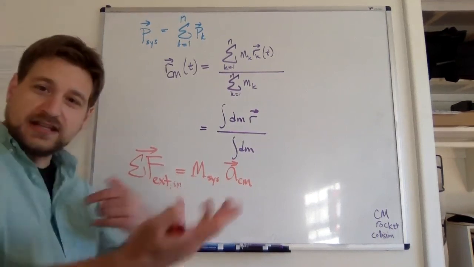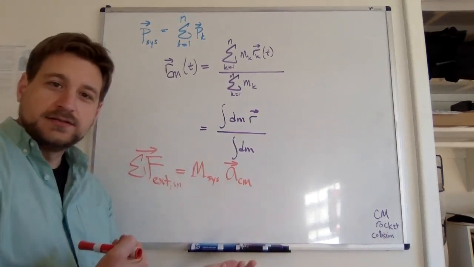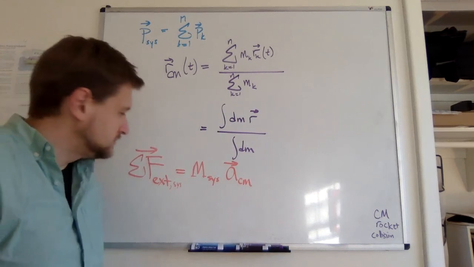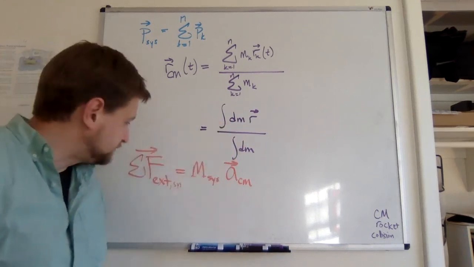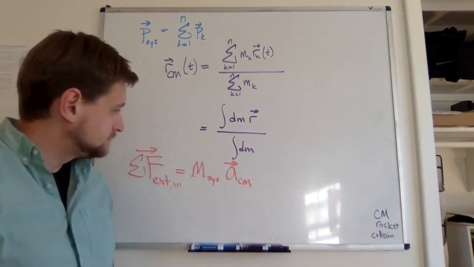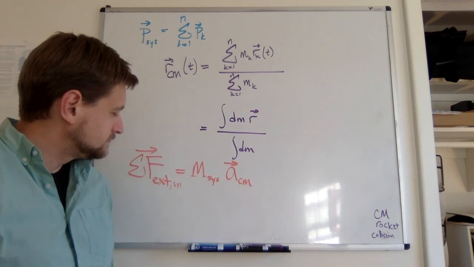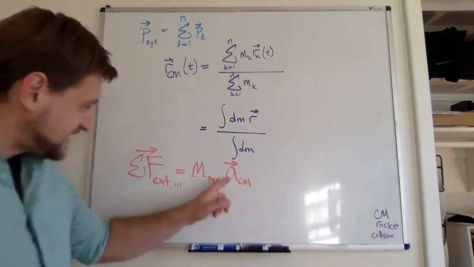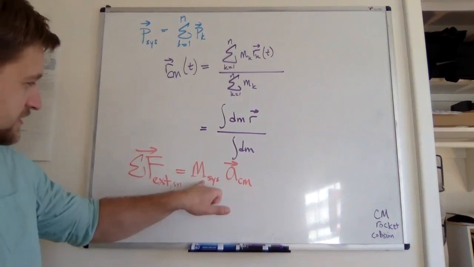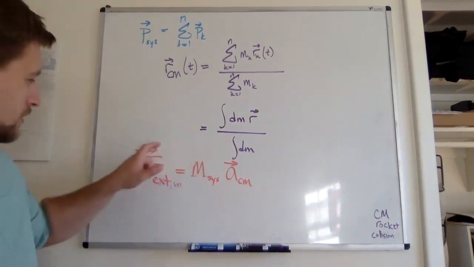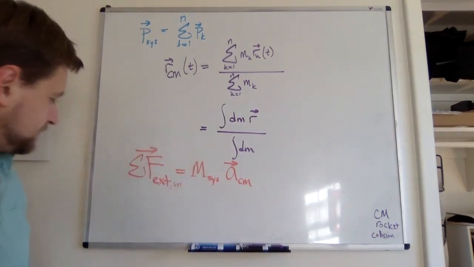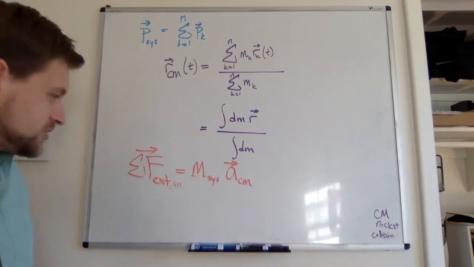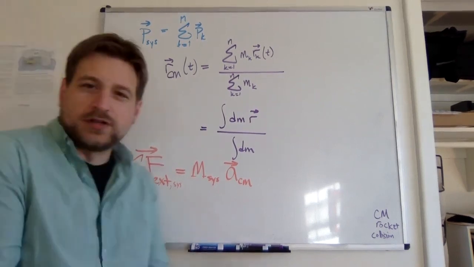And that speaks to the internal-external idea that we were talking about in the last segment. So a system behaves according to the net force on it. Just like an object would, right?